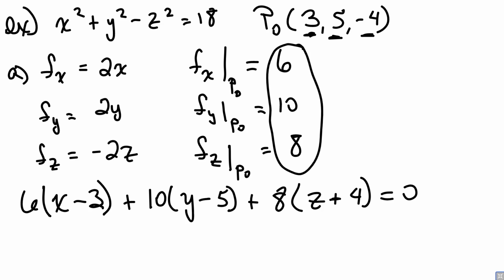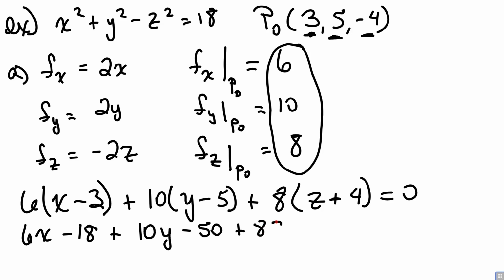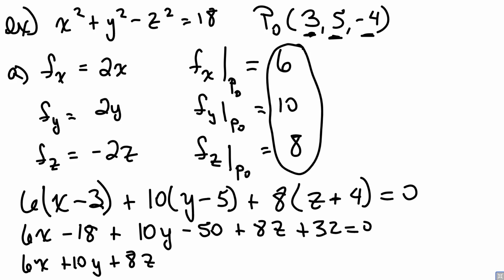So if we distribute out, we're going to end up with 6x minus 18 plus 10y minus 50 plus 8z plus 32 is equal to 0. Or we end up with 6x plus 10y plus 8z minus, we have 68 and 32, which is going to give us 36, is equal to 0.